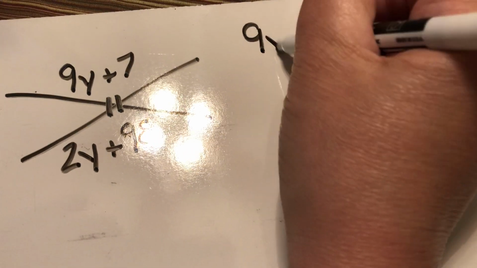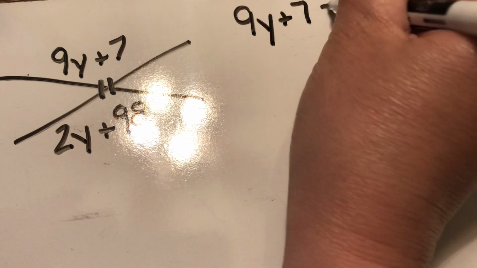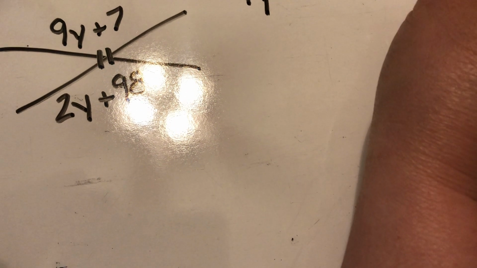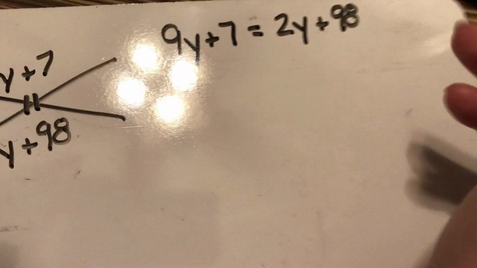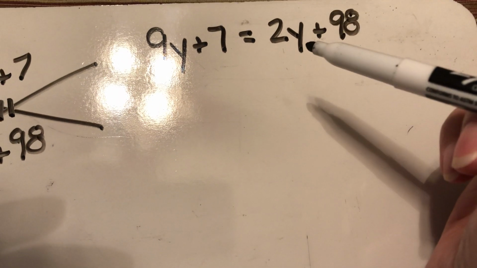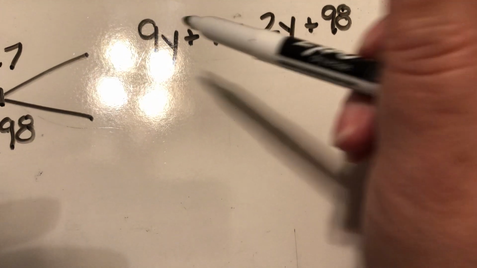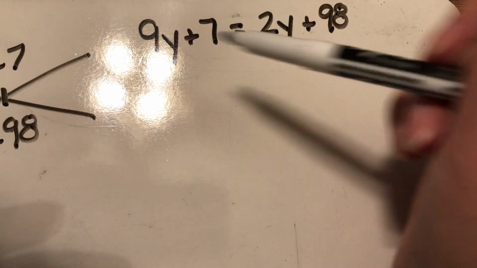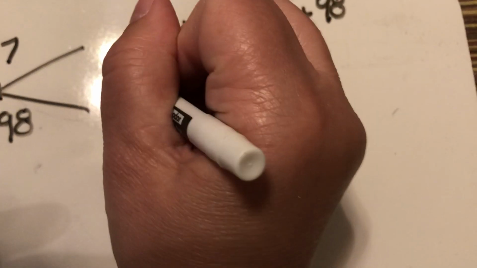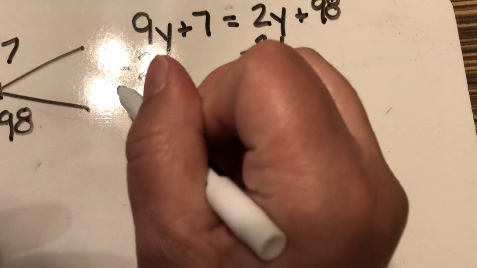So I have 9y plus 7 equals 2y plus 98. So again, I'm going to take my smaller y value, because remember we have y's on both sides and we only want the y on one side. So I'm going to subtract the smaller one. I'm doing the inverse operation.